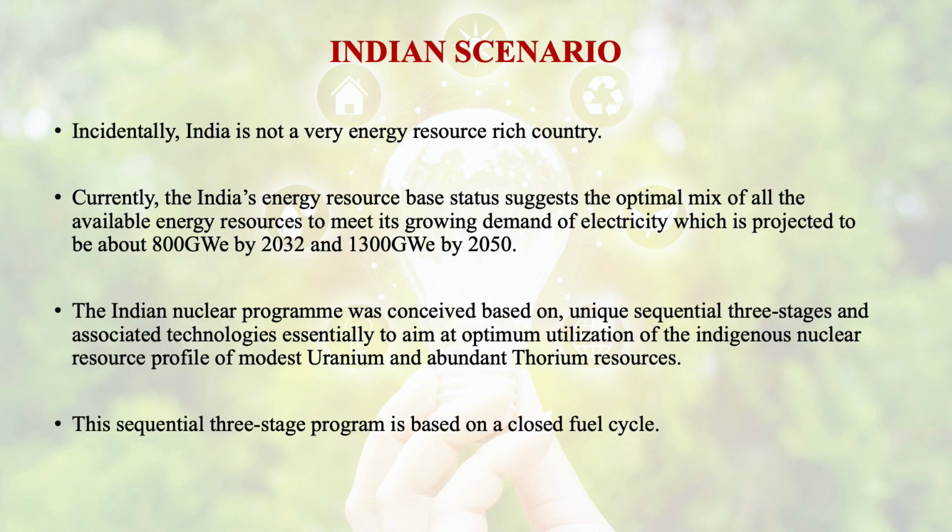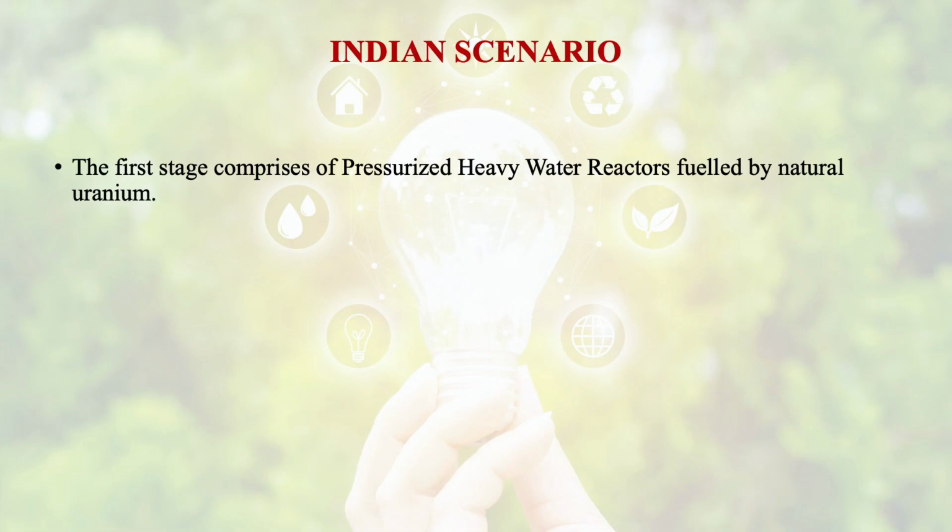This sequential three-stage program is based on a closed fuel cycle. The closed fuel cycle multiplies manifold the energy potential of the fuel and greatly reduces the quantity of waste generated. The first stage comprises pressurized heavy water reactors, fueled by natural uranium.